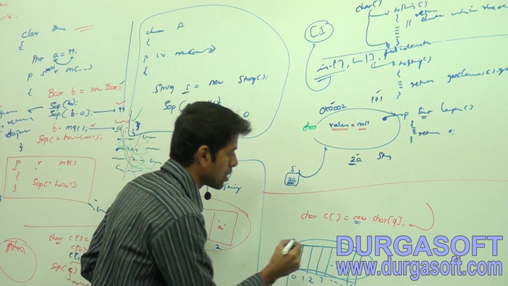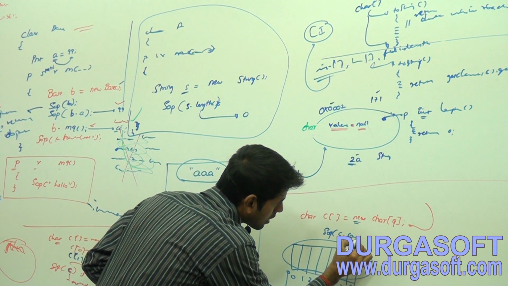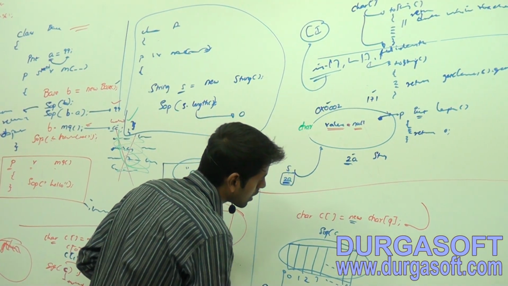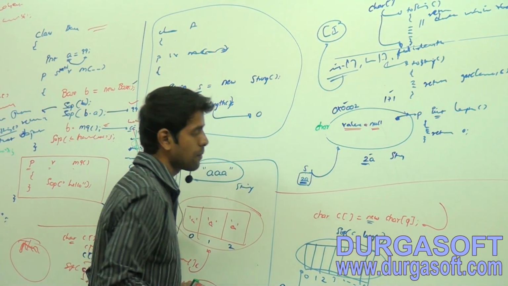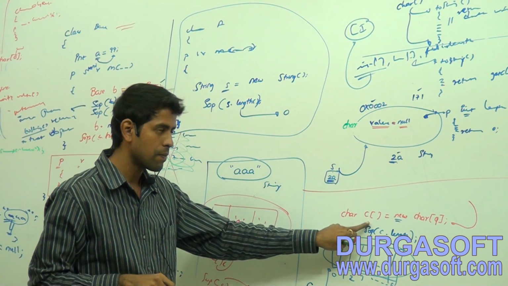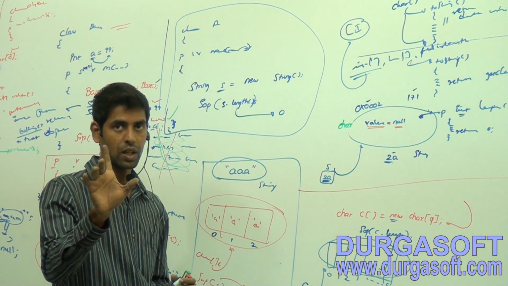Now if I use SOP of c.length, this is the variable, guys. This char array is available within the JVM.